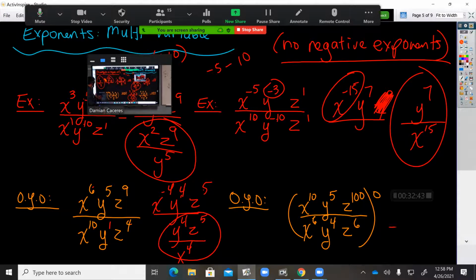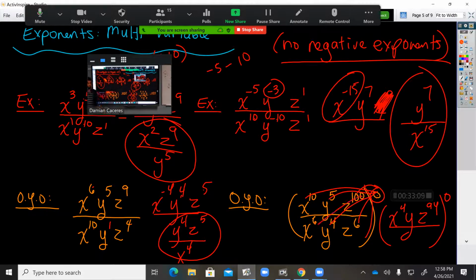Now the second one, 10 minus 6 gives you x to the +4. 5 minus 4 gives you y to the +1. 100 minus 6 gives you z to the 94. But here's the thing. All of these have a 0 exponent attached to it because it's touching the parentheses. What's the power rule? You multiply with every exponent on the inside. So what happens if now every exponent is 0?